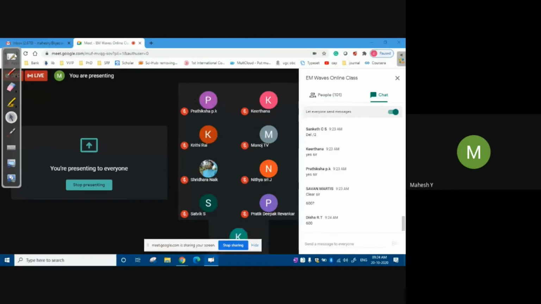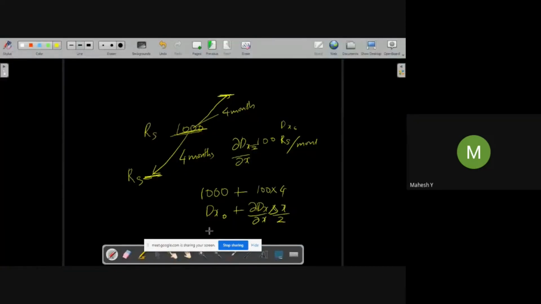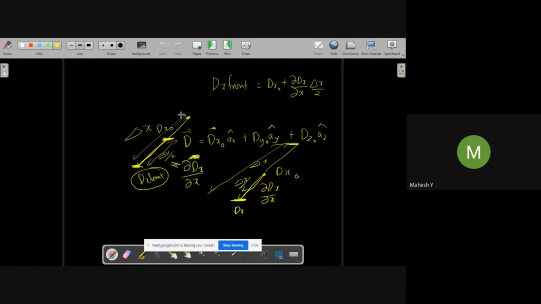Okay, so how did you get that 600? You did 1,000 minus 100 into 4, right? So tell me what is the expression then? dx0 minus dou dx by dou x into delta x by 2. Correct? So this is the value at the back end. If this is the front d, then this will be dx back. Correct?